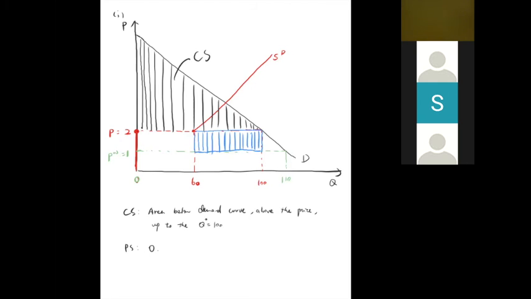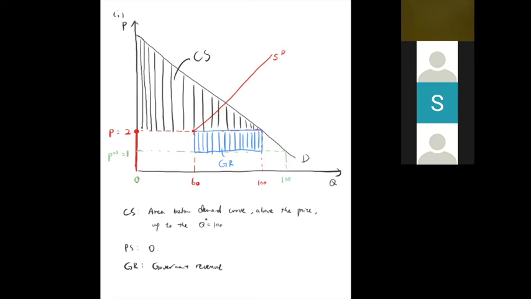That's why in this region, this area is 40. So this is actually government revenue, or government tariff.